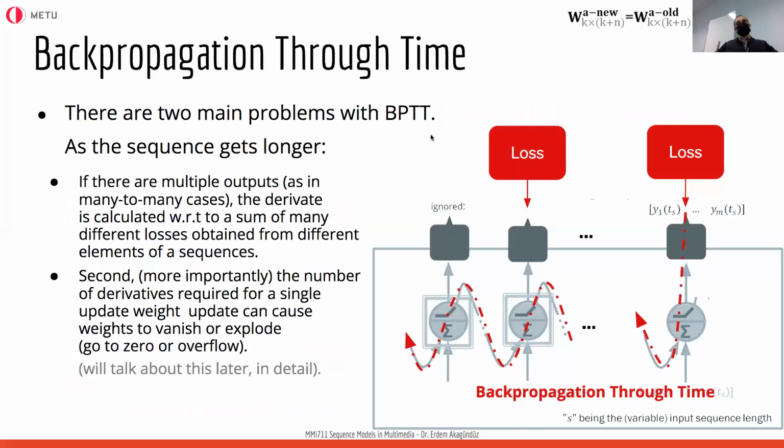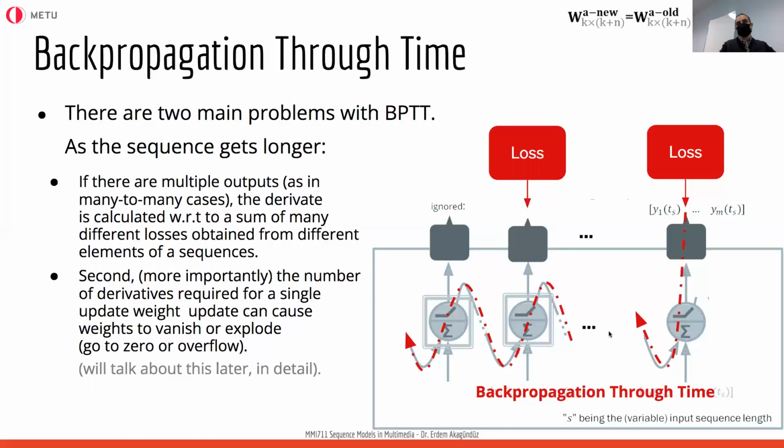There are two main problems with backpropagation through time. I touched on those a couple of minutes ago, but I'm going to go over the slides and make them clearer. As the sequence gets longer, if there are multiple outputs, as in the many-to-many case, the derivative is calculated with respect to a sum of many different losses obtained from different elements of the sequence.